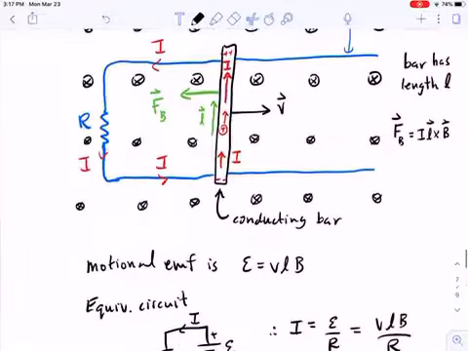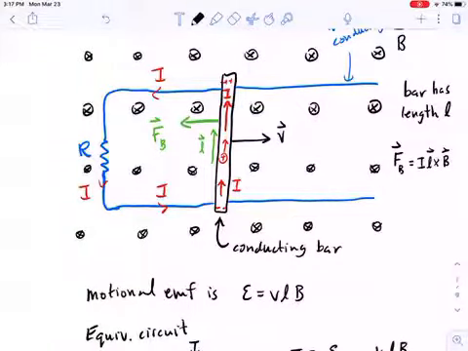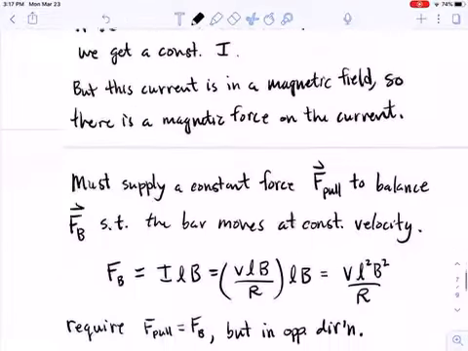So over here we would have to supply a force F pull, and we've now calculated what the magnitude of that force would have to be.